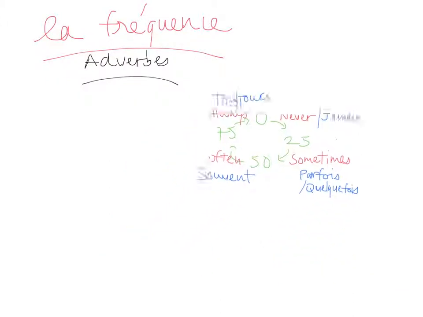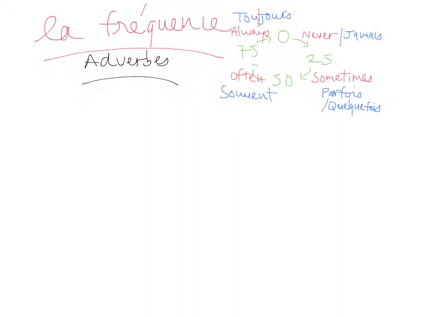Let's take a look at some examples. No, first, let's start with toujours. It's easier, I think. Toujours. Je fais, assuming you are a good student, un bon élève, je fais toujours mes devoirs.